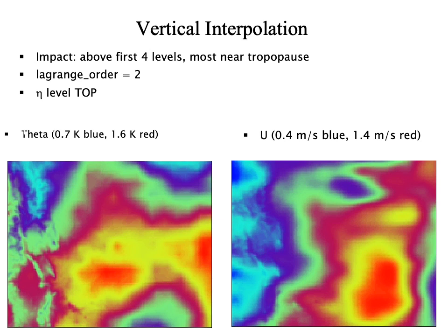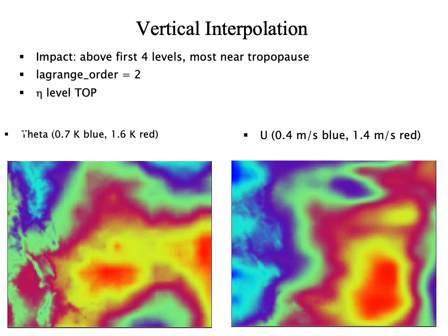We can adjust the order of the vertical interpolation. We can make it linear or second order. In this case, where you would see the strongest difference would be up towards the model top at the tropopause, or maybe two-thirds of the way up to the model top.